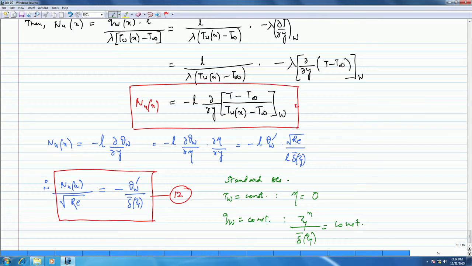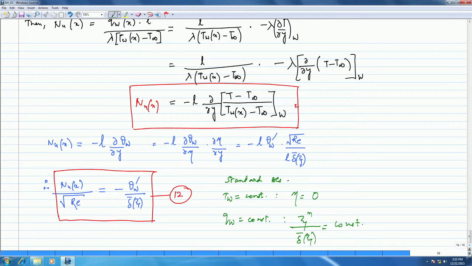So now we're going to take a step back and look at this a little bit. What we'll do is compare equations 4 and 11. It's very interesting now that we've got an idea about the Nusselt number. We'll see if we understand some things out of it, and if the equations are giving us some more equations.